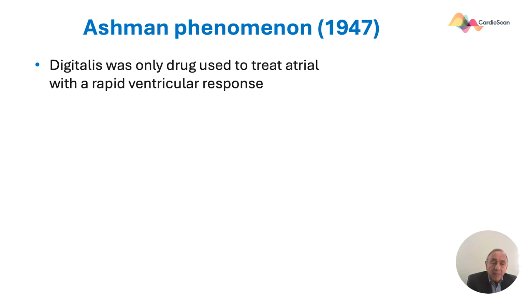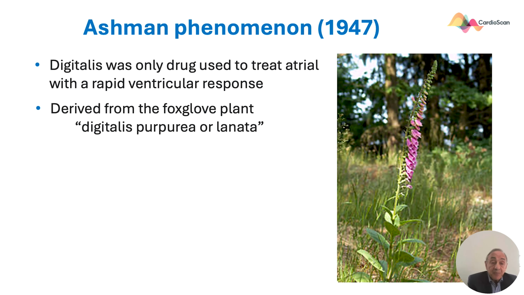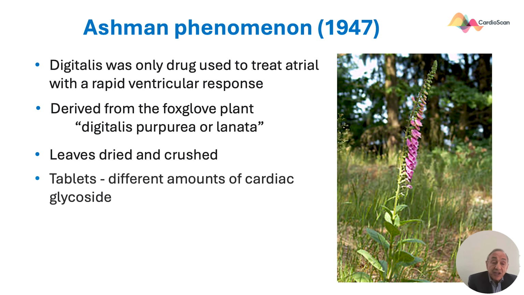Well, at that time, and indeed when I first started in 1970, digitalis was the only drug used to treat atrial fibrillation with a rapid ventricular response. It's derived from the foxglove plant, Digitalis purpurea and lanata, and the leaves were dried and crushed and made into tablets.